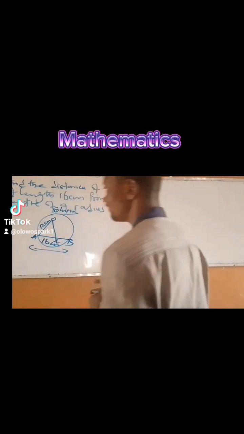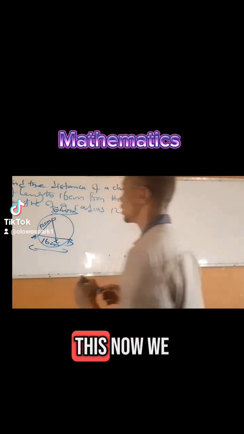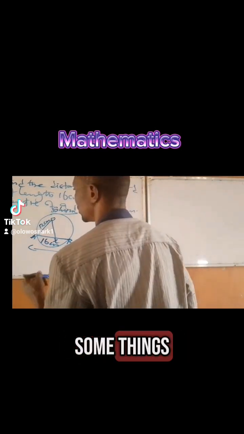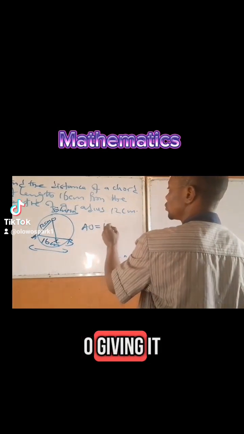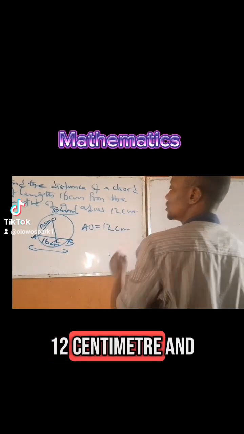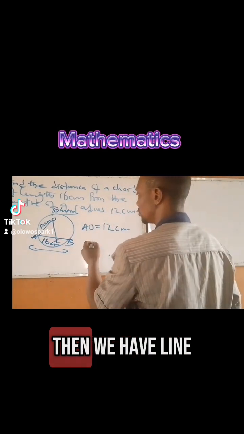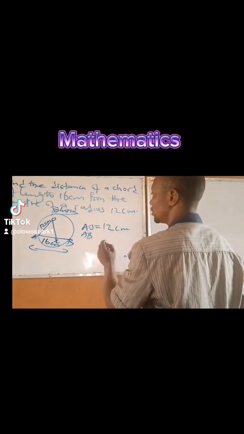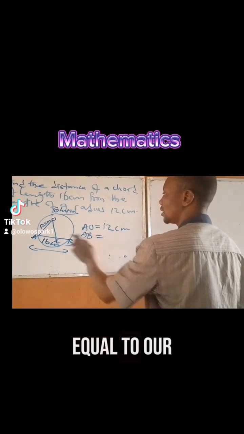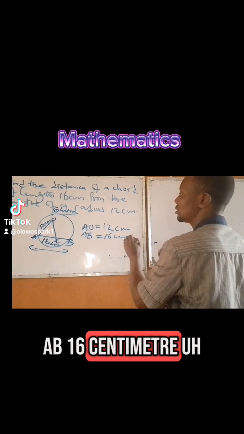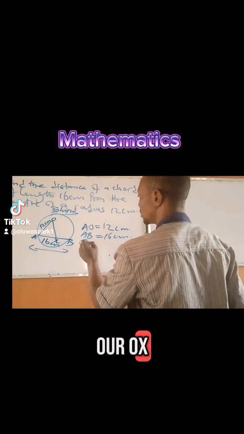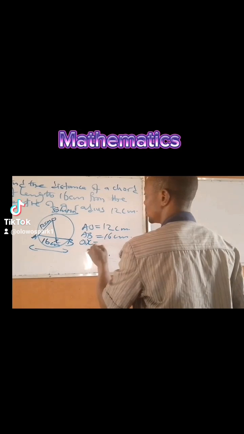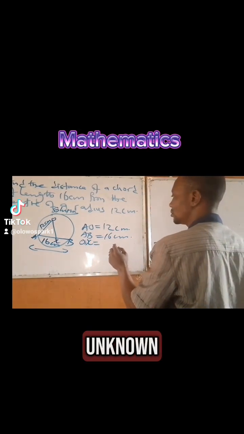So now looking at this, we can figure out some things. We have line AO, it's giving you 12 centimeter, and we have AB equal to 16 centimeter. Our OX is unknown.